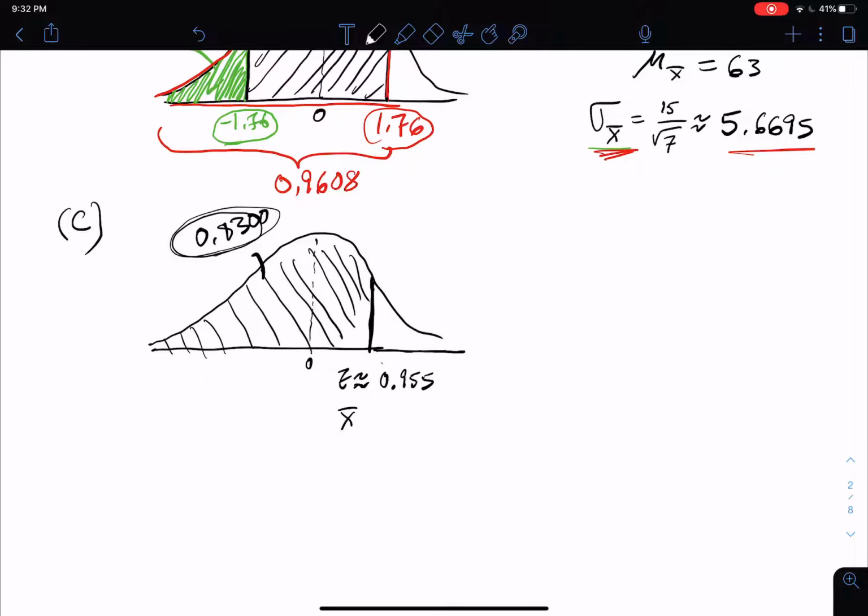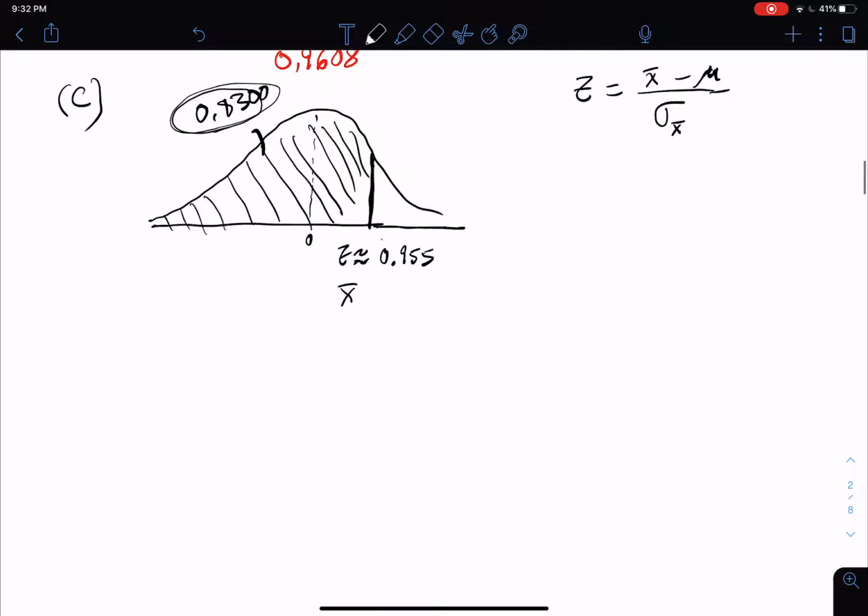Now, what I really want is to know what x bar is. We can do that once again by taking this formula that z equals x bar minus mu, divided by the standard deviation of the x bars, of the sample means. So I'm going to go down here.